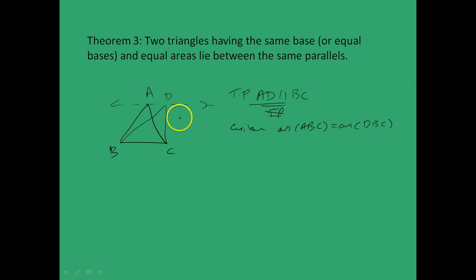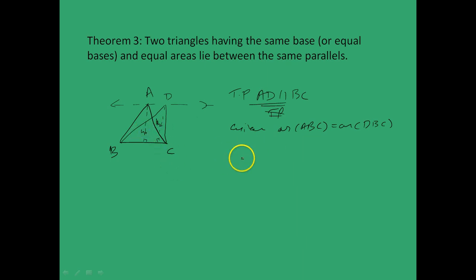One way to do that would be to consider the heights corresponding to side BC. I'll call this H1 and I'll call this H2, right? H1 and H2.